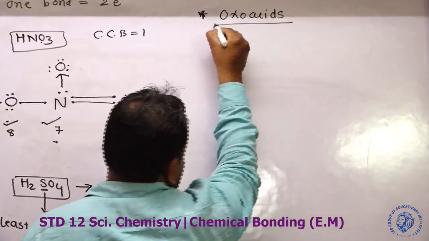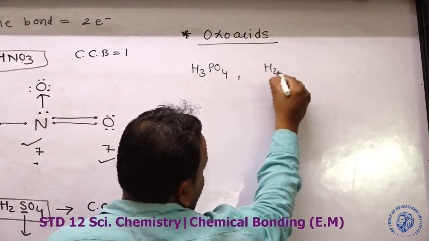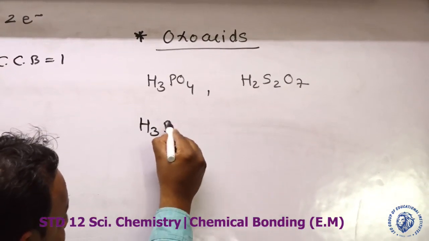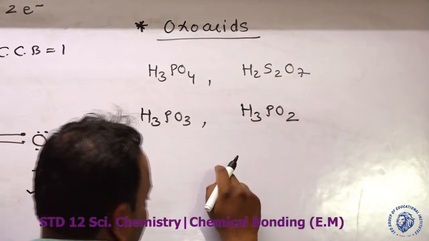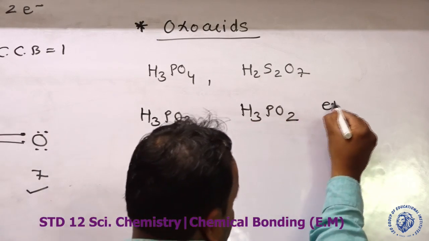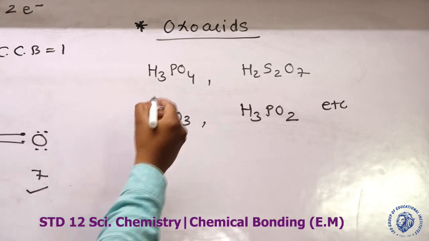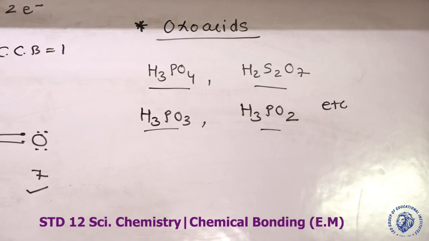Some of the oxoacids like phosphoric acid, H2SO4, phosphorus acid H3PO3, hypophosphorus acid H3PO2, etc. All these compounds, you can count the number of coordinate covalent bonds present in them. Such coordinate covalent bond questions are normally a big part of any entrance examination.